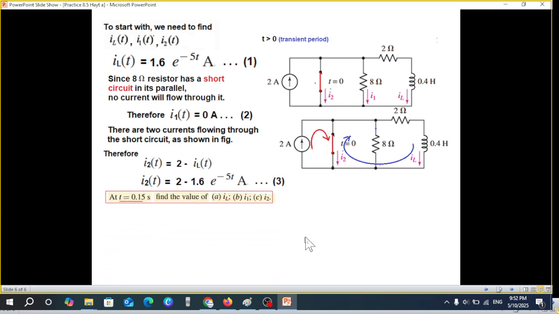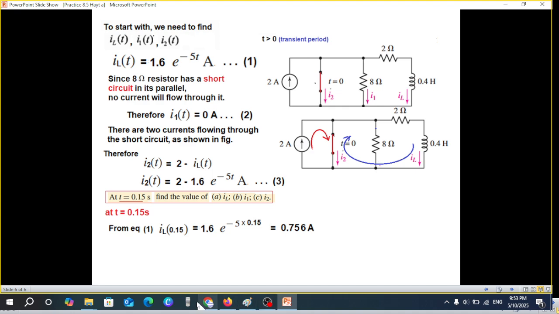Our question says that we have to find the values at t equal to 0.15 seconds. So now in these equations, we put t equal to 0.15. In the first equation, 1.6 e raised to the power minus 5t, with t as 0.15, if you use your calculator, you will get the answer 0.756.